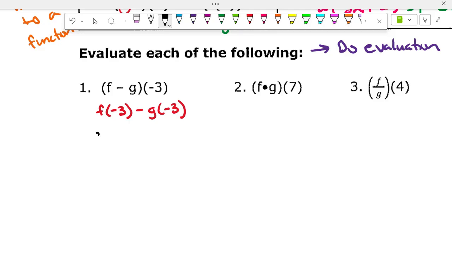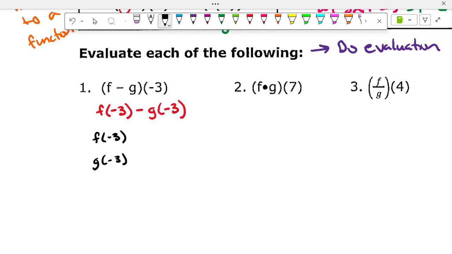So I'm going to find what f of negative 3 is first and what g of negative 3 is. Who remembers what we do with evaluations? What do I do with that negative 3? We talked about this like the first day of class. We replace x with that number and do PEMDAS.